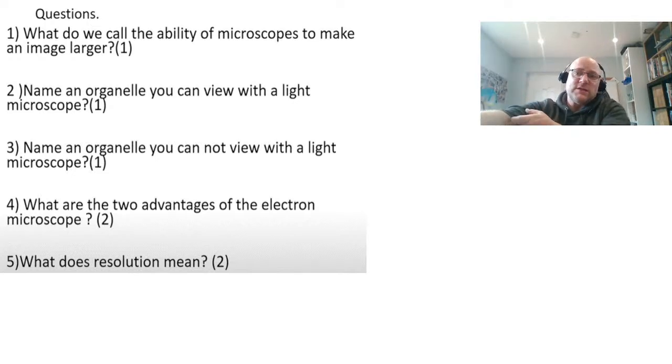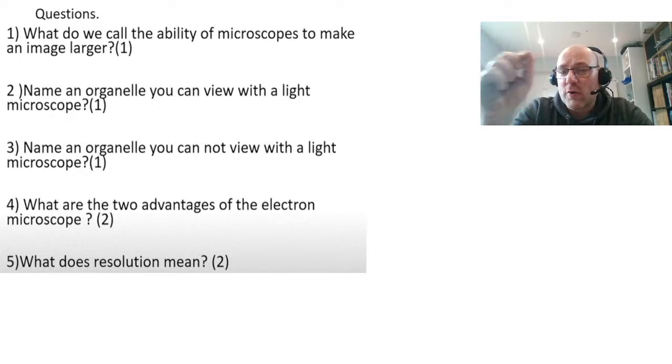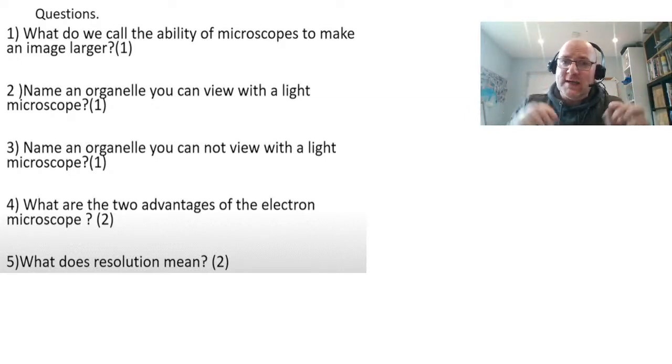For IGCSE, you don't need to be able to compare the electron and light microscope here. But obviously, the ability of microscopes to make an image larger, what do we call that? Name an organelle you could see with a light microscope. Name an organelle you couldn't see, i.e. they're asking you what's the smallest thing that you can't see with a school microscope. And then what are the 2 advantages of the electron microscope?